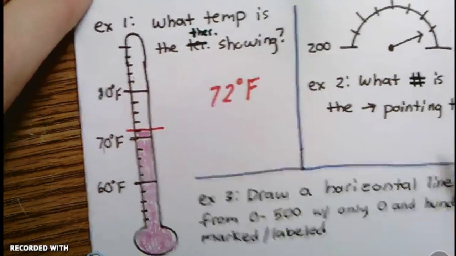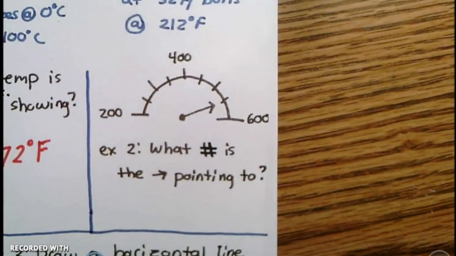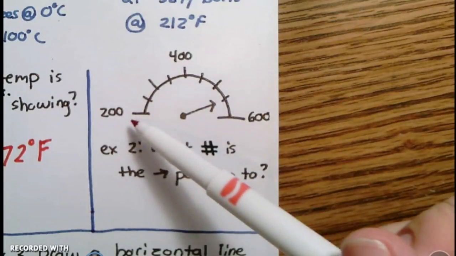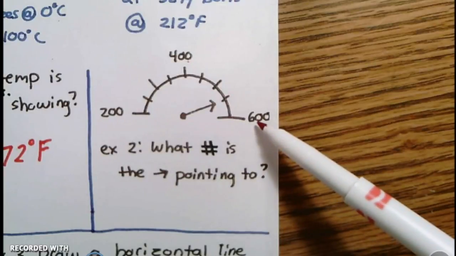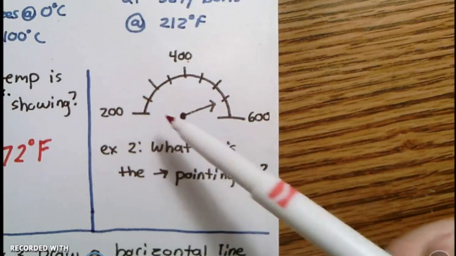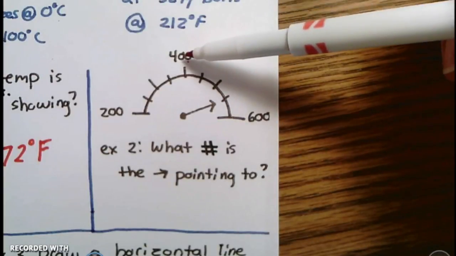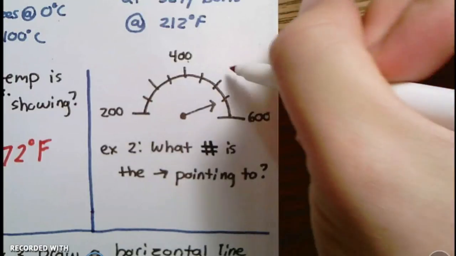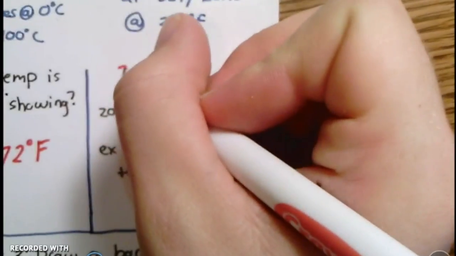Okay, so now let's look at example number 2. What number is the arrow pointing to? So here I have a curved number line. I have 200, 400, and 600 showing, but I have other tick marks in between them. So it looks like halfway between 400 and 600, we would expect to find 500, and this would be 300.